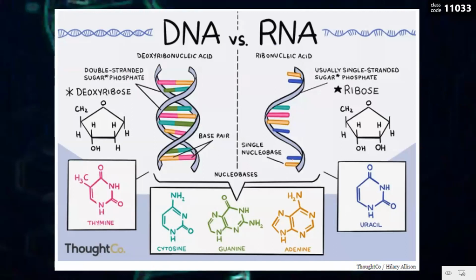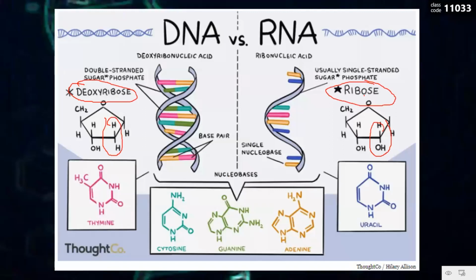What other differences do they have? For DNA, you have deoxyribose. This portion is different with ribose. In RNA, it is ribose. This portion is also different. These combinations: deoxyribose and ribose.